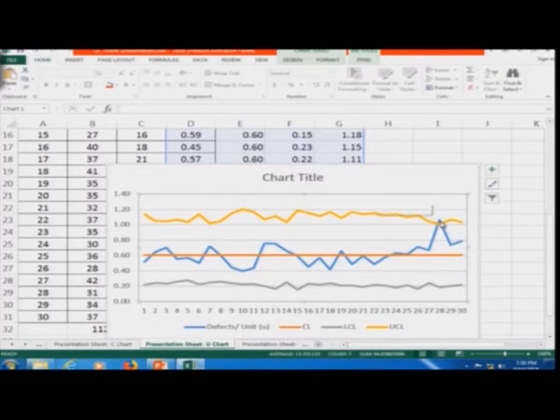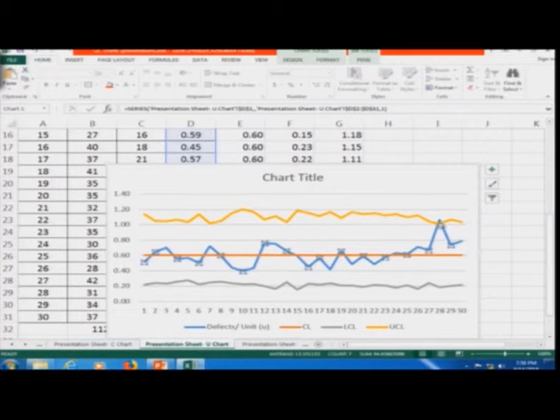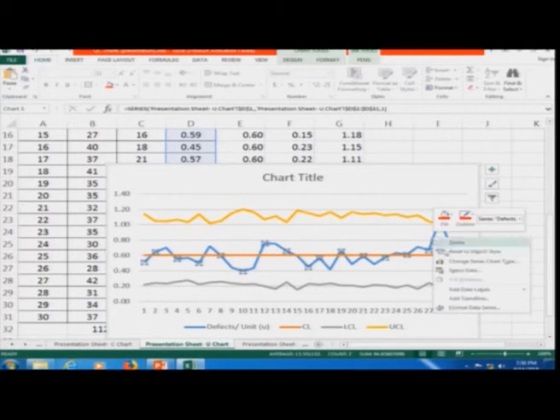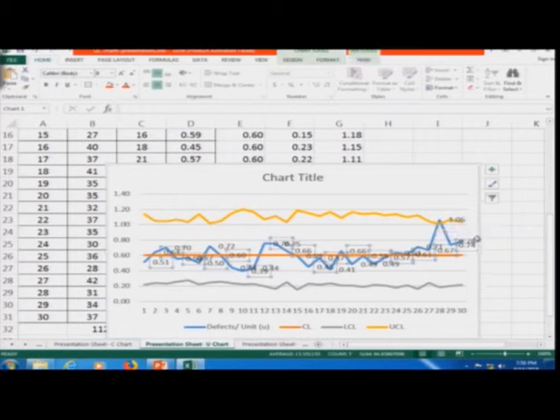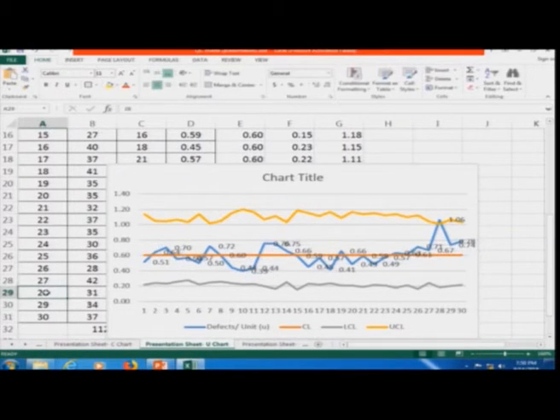So we can see that one of the observations here is out of control. First I'll add the data labels here. Okay, this value is 1.06, and if I go to this value, it will show the series is defects per unit, and the reading number, it also says 28, data level. Okay, so point number 28 is here.